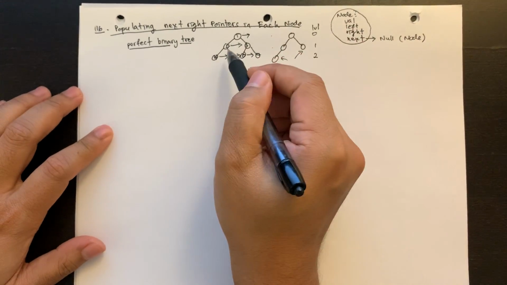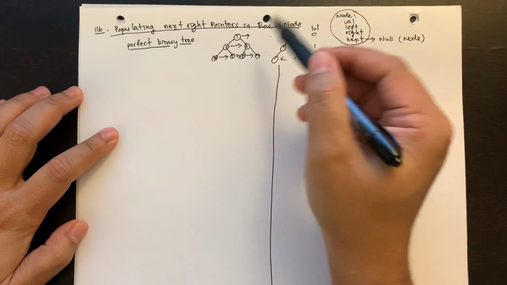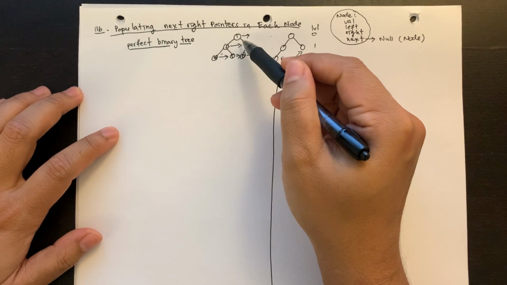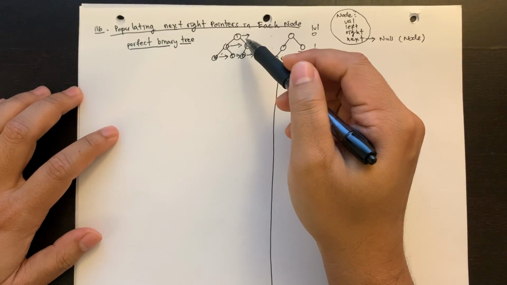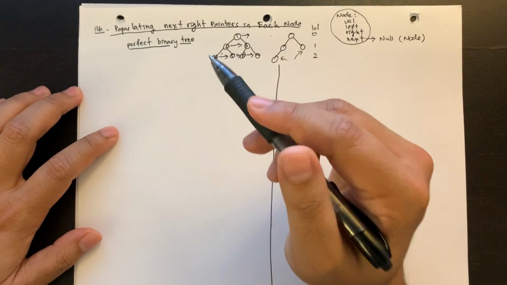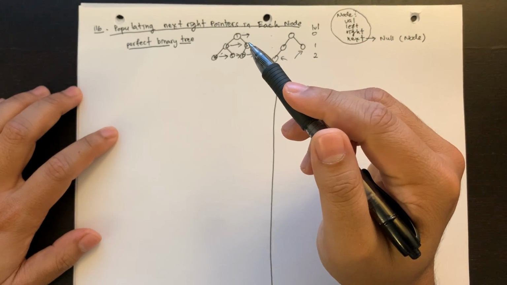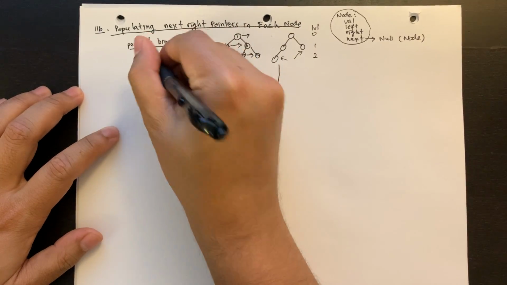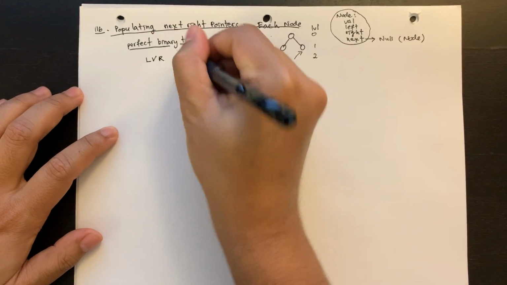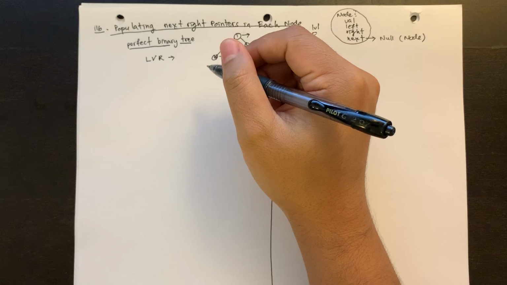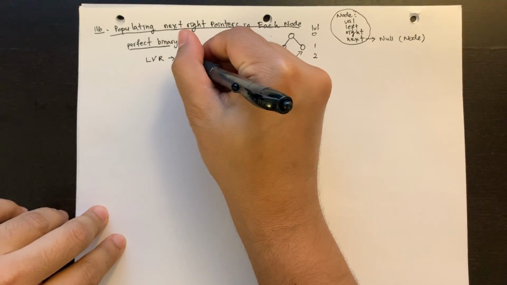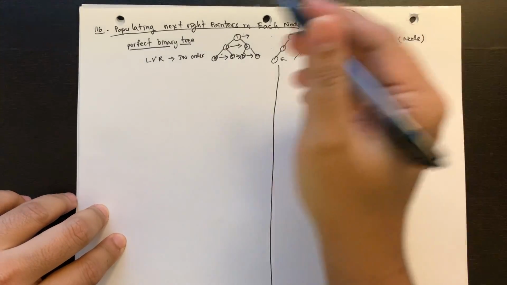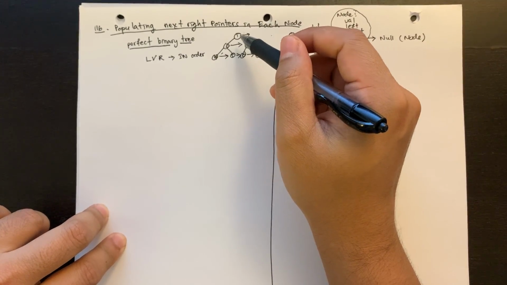So basically, my thought process is we traverse through this tree, and I think it's good to use left, visit, right, which is in-order.